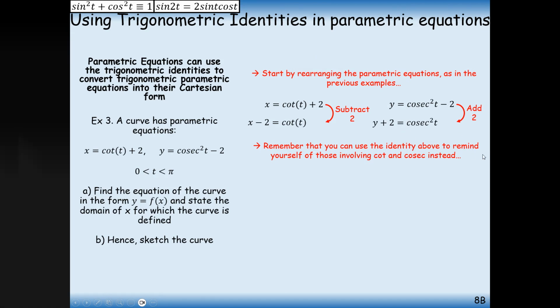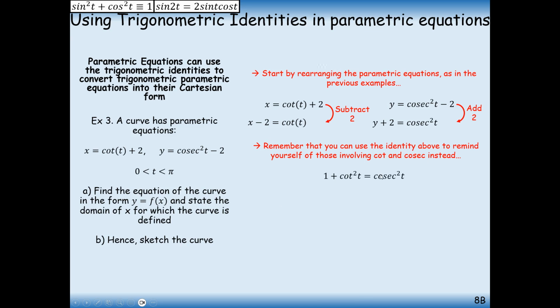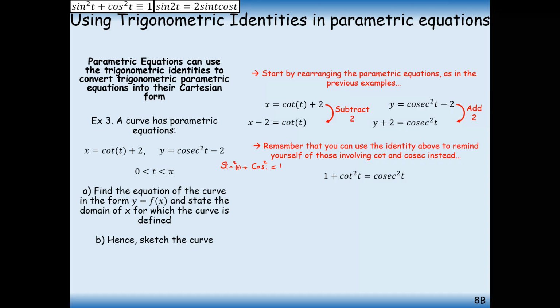And if you remember the definition of cosec squared, if you remember this identity we came across in chapter 6, this was basically, if I jog your memory, sine squared plus cos squared equals 1. So if we divide both sides of this identity by sine squared, what we get is this identity here.